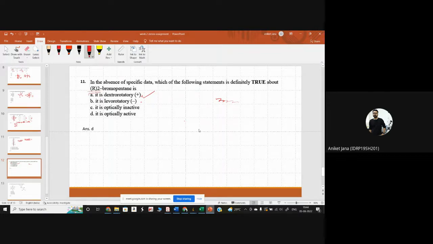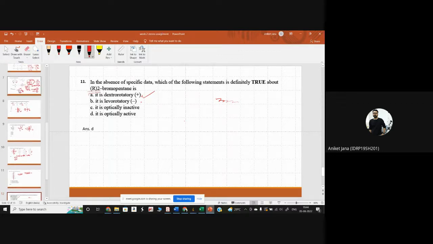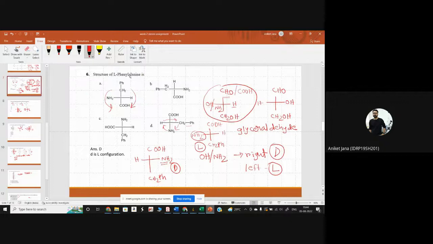We can say it is D or L, as I showed you earlier, when the molecule is represented in a particular form, that is, the CHO group in the topmost carbon, then OH or NH2. Just by saying OH or NH2 is on the right or left, we say it is D or L. So there is no such correlation between RS and the DL nomenclature.